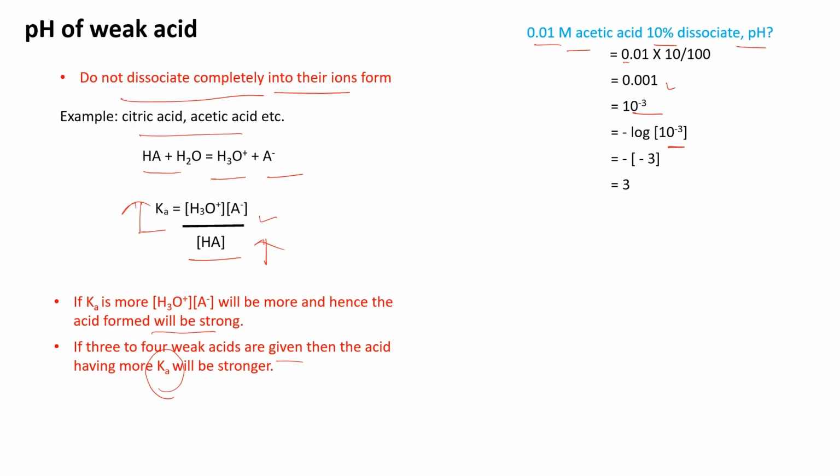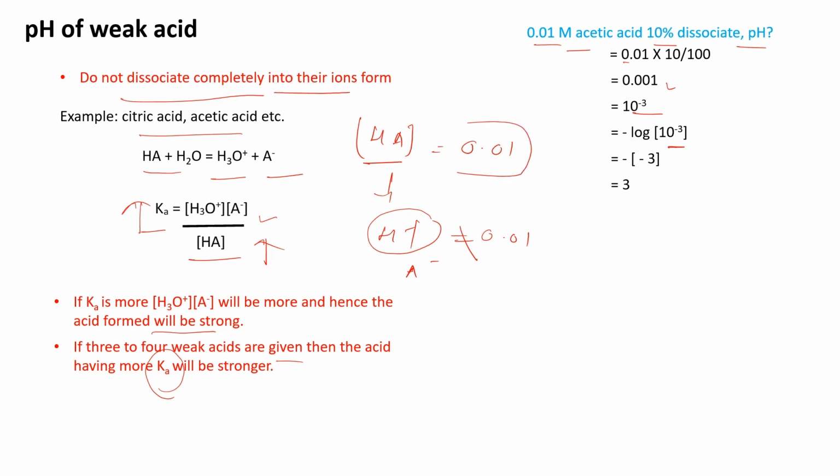So if the concentration of acetic acid, that is HA, is 0.01 molar, it dissociates into H plus and A minus, but not completely. So this concentration won't be 0.01 molar. It is dissociating only 10%.